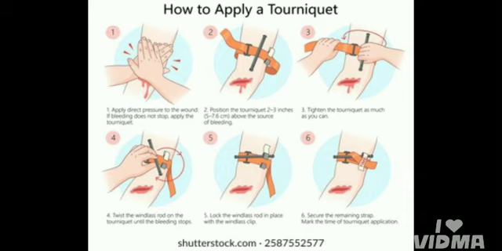Dangers of using tourniquets. Improper placement: placing the tourniquet too close to the joint or too far down the limb can reduce its effectiveness and increase the risk of nerve damage. Then insufficient tightening: if it is not tightened enough, it may restrict venous flow but not arterial flow, potentially worsening bleeding.